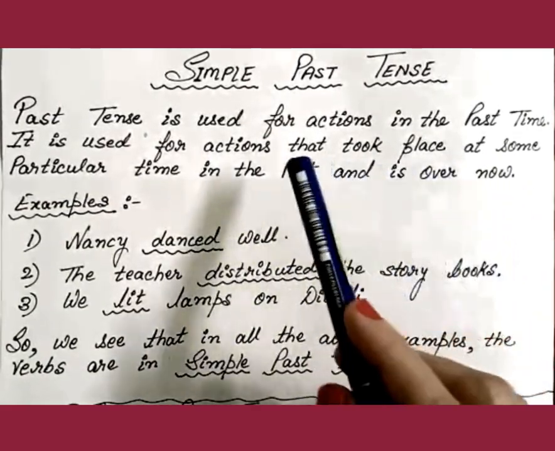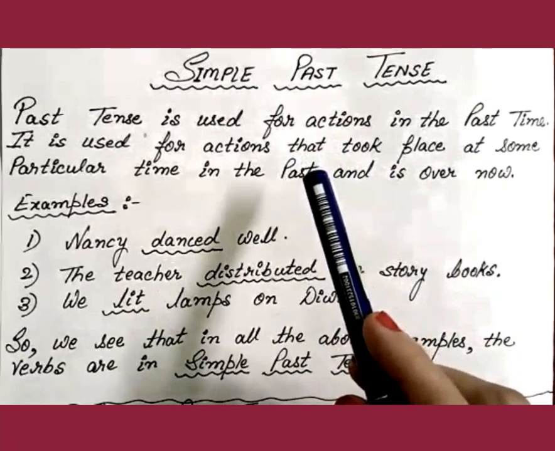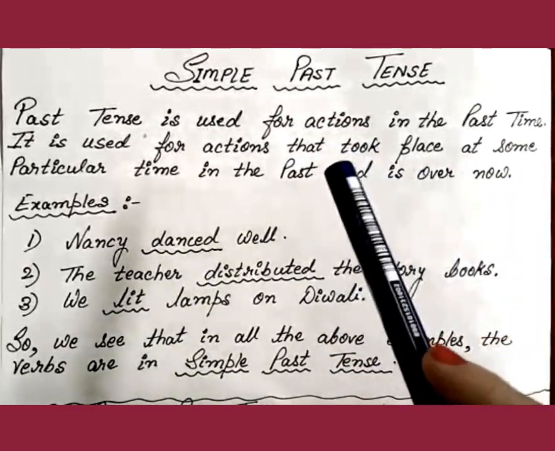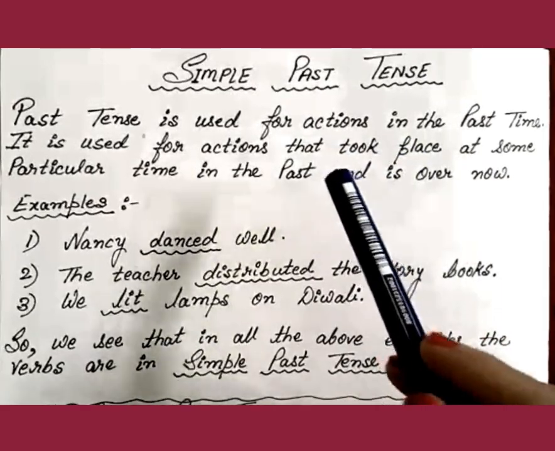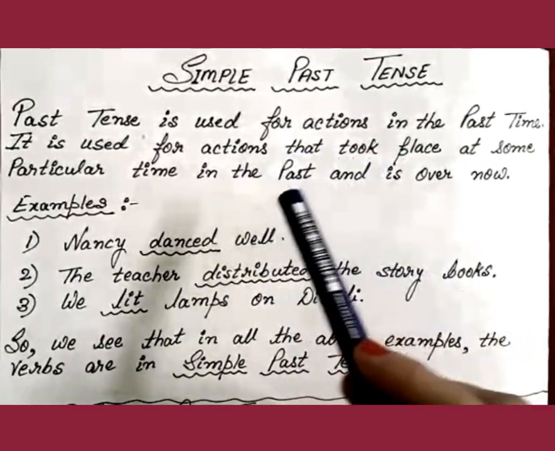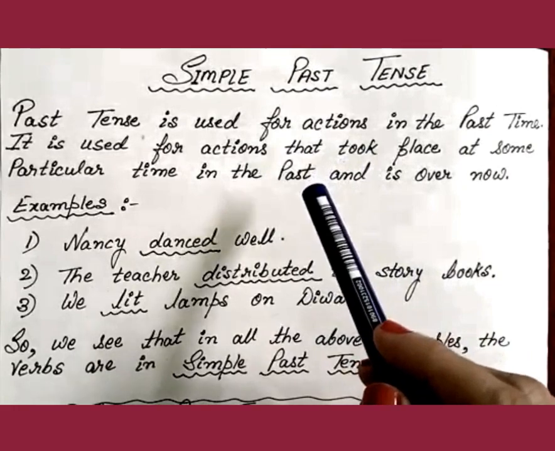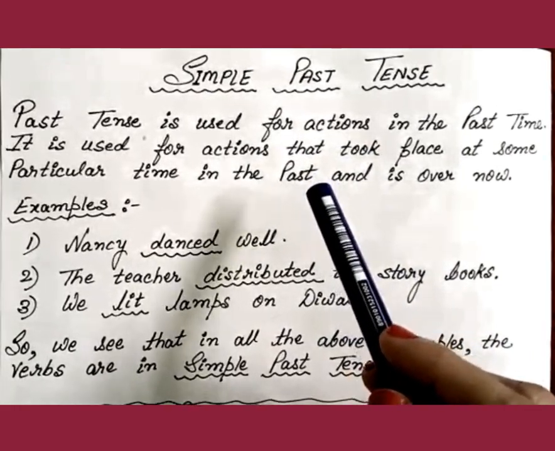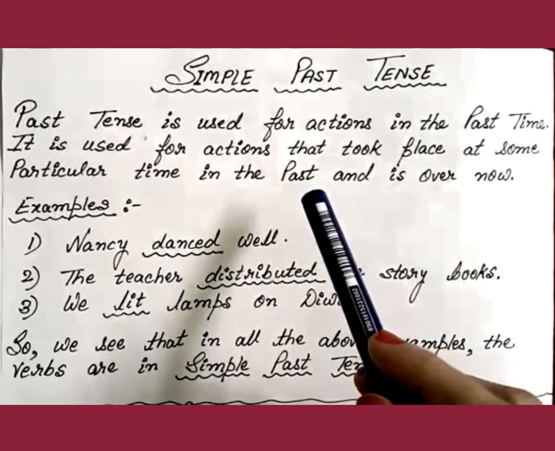That means simple past tense refers to the actions that have already happened in the time that has gone by.